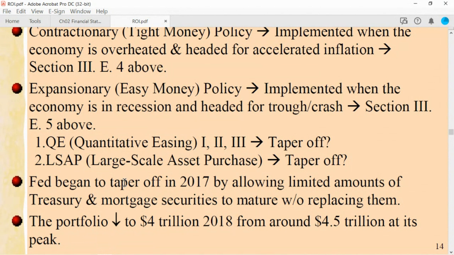And then also, as I said, the Federal Reserve is not the government. It's an independent organization, but the chair is appointed by the president. The chair of the Federal Reserve is appointed by the president.